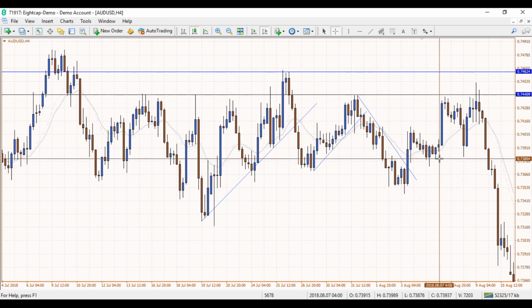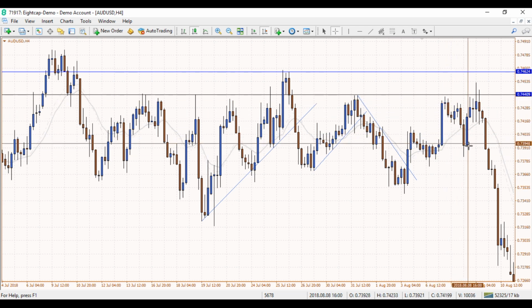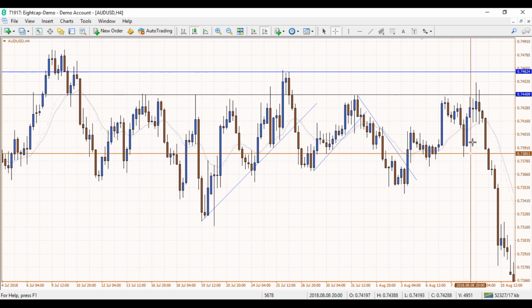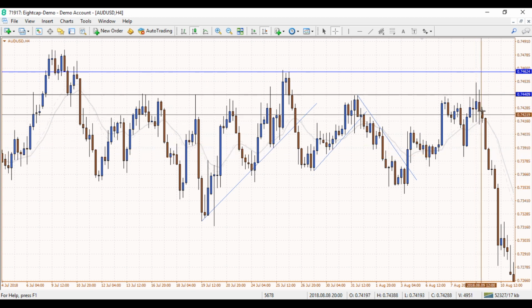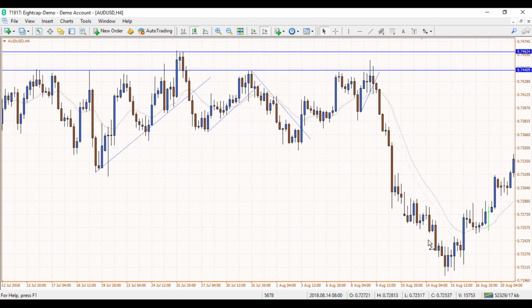As you can see here, we had a new higher low, impulse higher, test down, and then we had a new higher low at this point, and we had an impulse up, and then we had another new momentum break at this point here. So this is a fast trend, it's a little bit different.